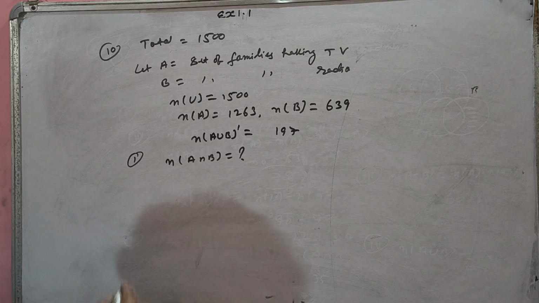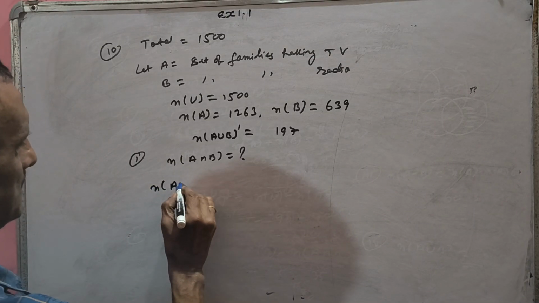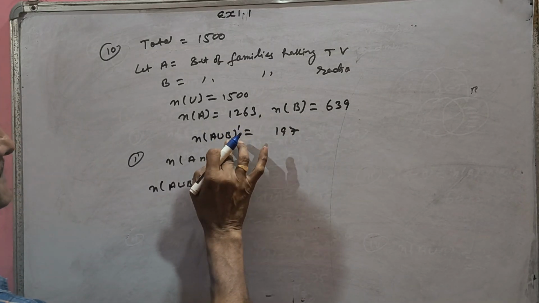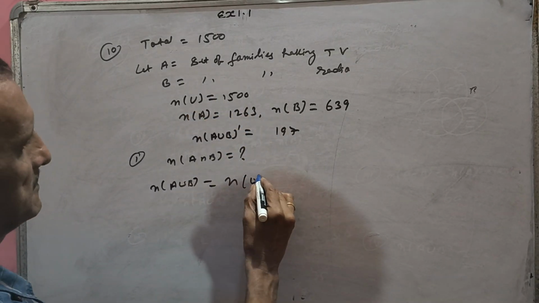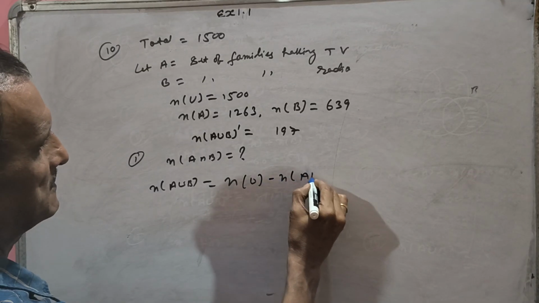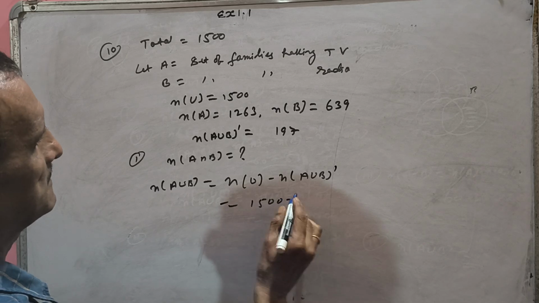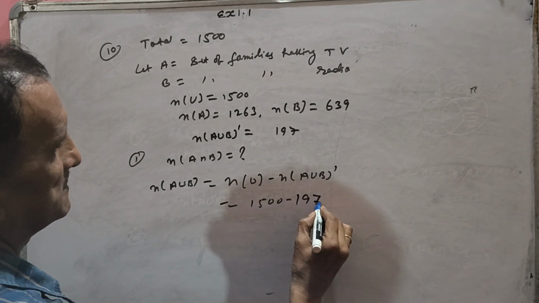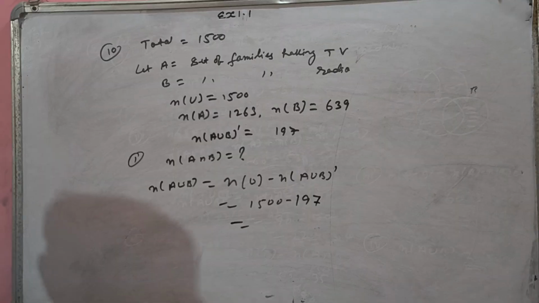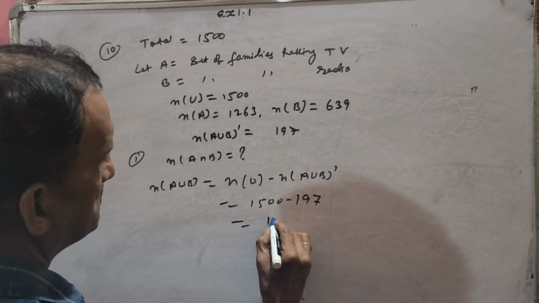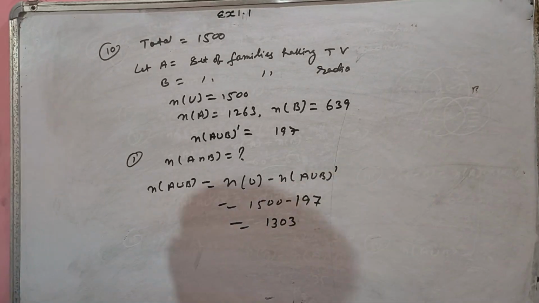So first find n(A union B). See, the A union B complement is given. U is given, very clear. U minus n of (A union B) whole complement. And U is 1500 minus 197. Subtract, how much will we get? We get 1303.